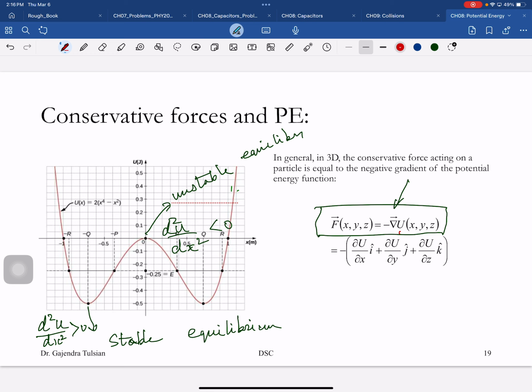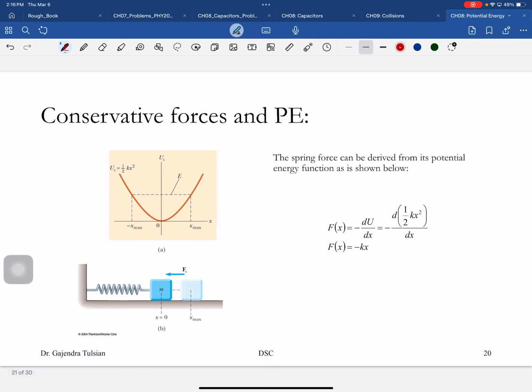If it's temperature, it tells you about heat flow. If it's pressure, it tells you about wind blowing. If it's potential energy, it tells you which direction the force is acting, and so on. If it's telling you production of some material, the flow will be in the opposite direction. And so on.